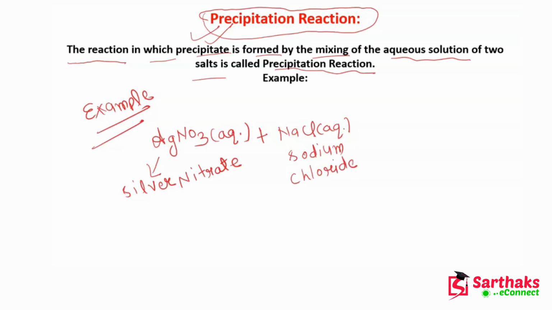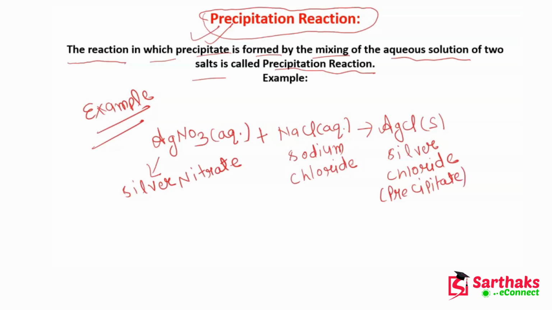When these two react, they will give AgCl, which is silver chloride, and this AgCl is in solid state. It is in solid state, so I can write it here, silver chloride, and this is also a precipitate.